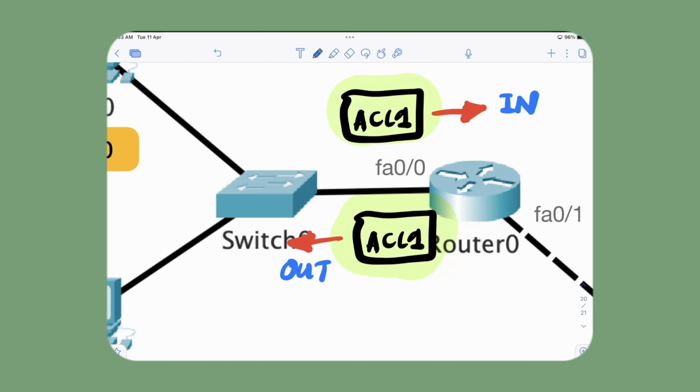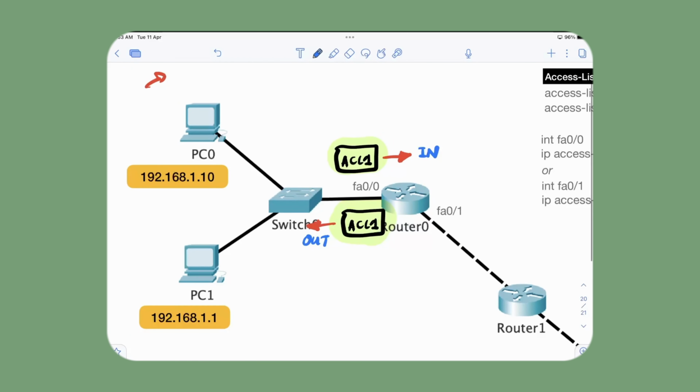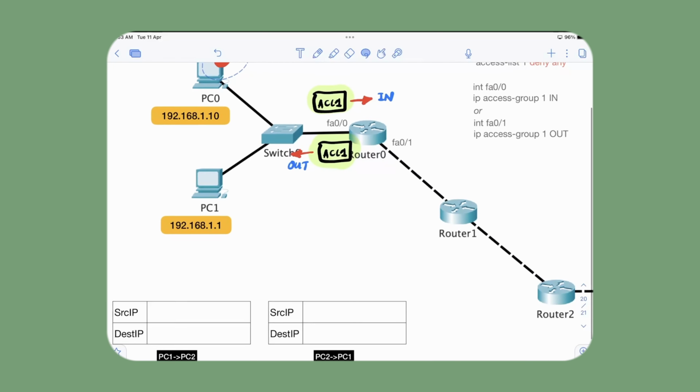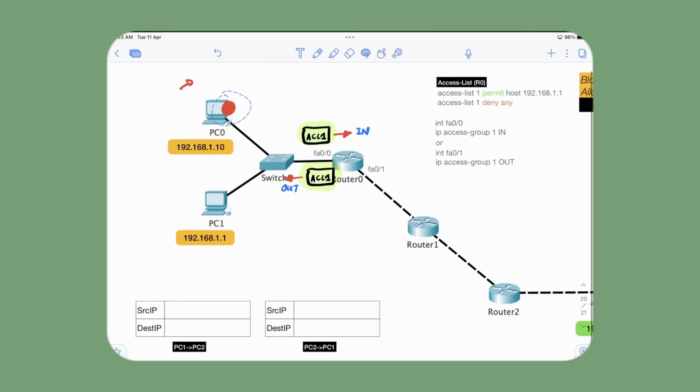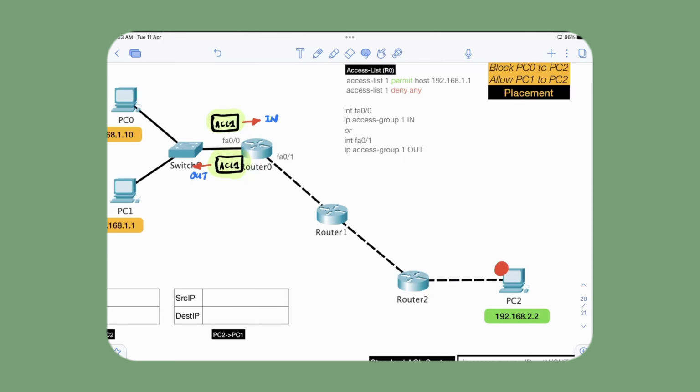So should we put it on FA00 in or out? You must see how the packet goes. If I use PC0 here and send data to PC2, the data will go like that, and finally it arrives at PC2.